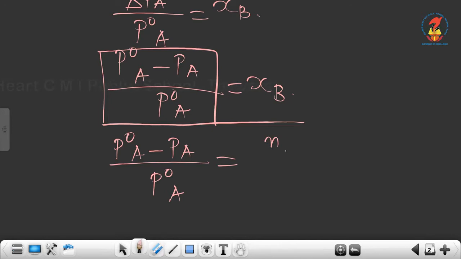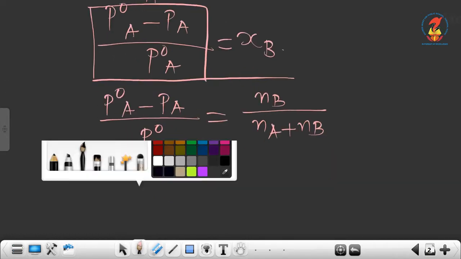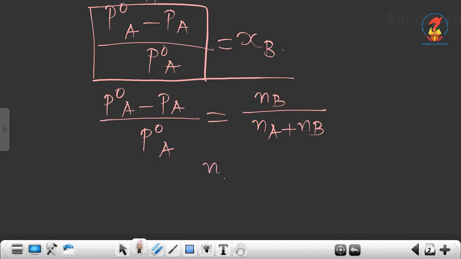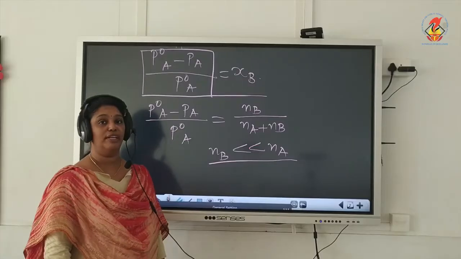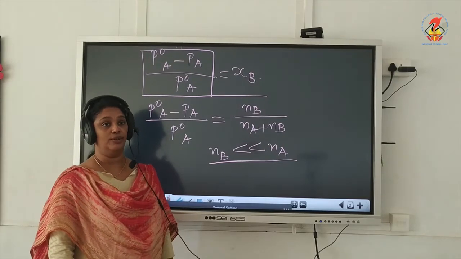XB is equal to NB divided by NA plus NB, that is the mole fraction of solute: the number of moles of solute divided by the total number of moles of all the components present in the solution. Now for dilute solutions, NB is very much less than NA, that is, the number of moles of solute is less than the number of moles of solvent for very dilute solutions.